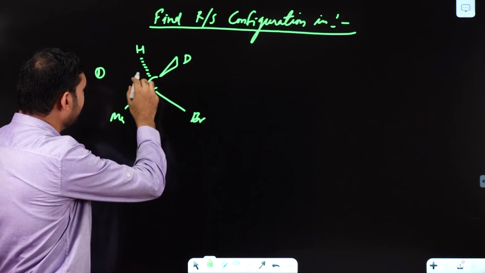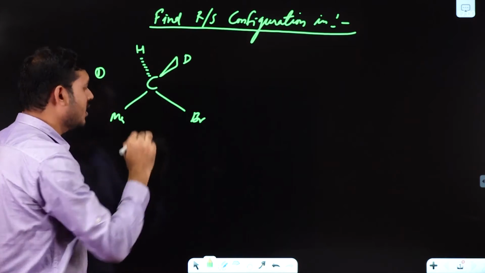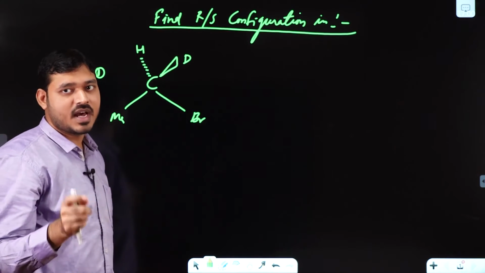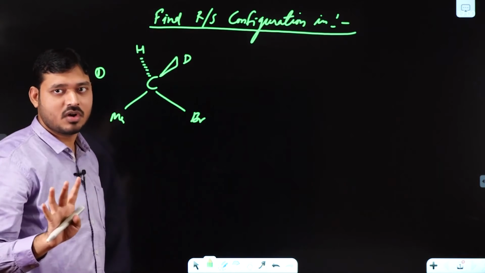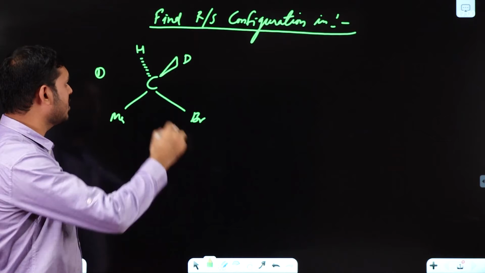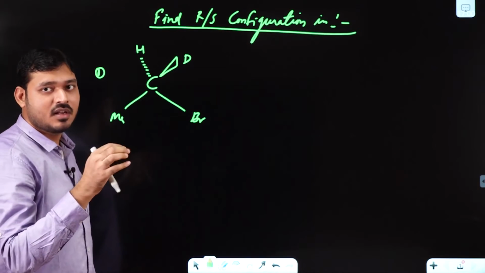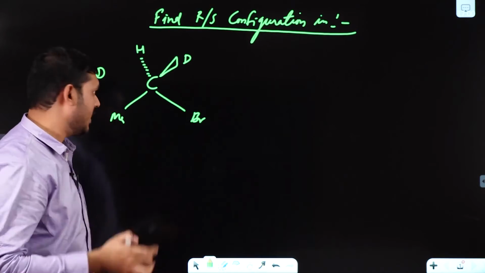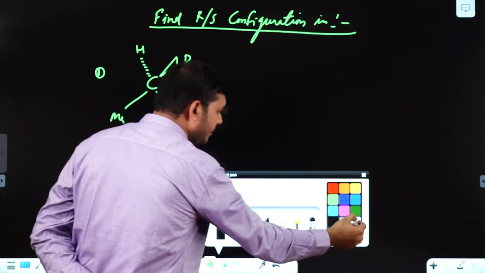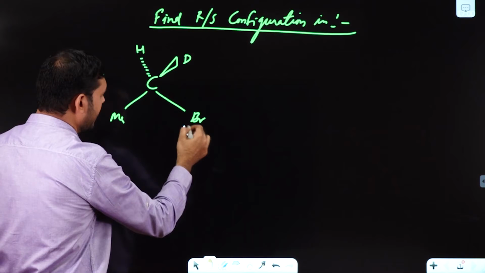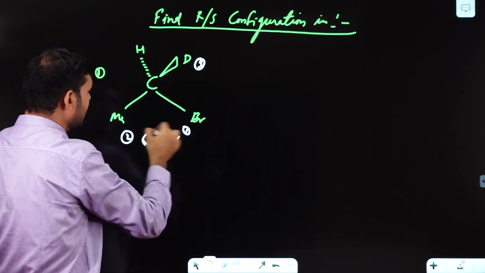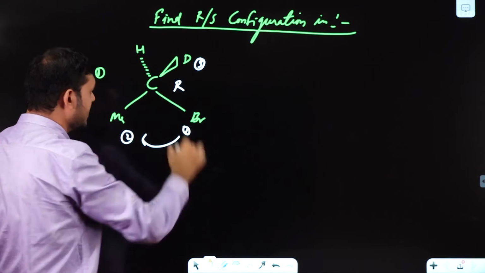When the lowest priority group is given in dash position, then we can simply define RS configuration in wedge dash formula. Why? Because the lowest priority group lies away from the observer. So using the CIP rule for RS we can define it. Just like here, if I say priority order will be bromine 1, this is 2, this is 3, simply I can say it is clockwise, so the configuration is R.